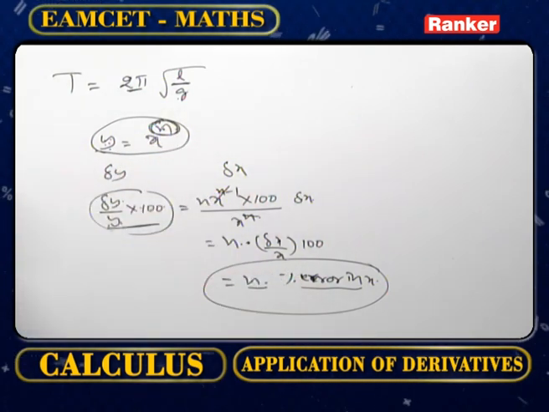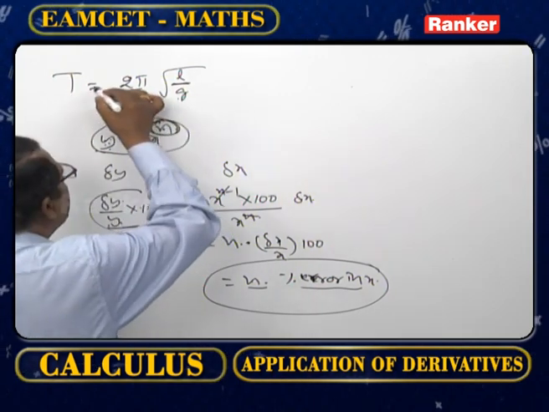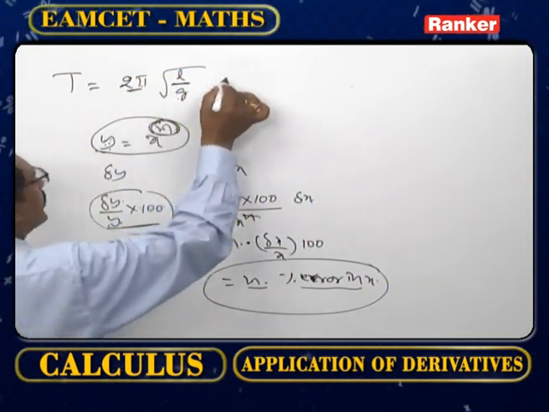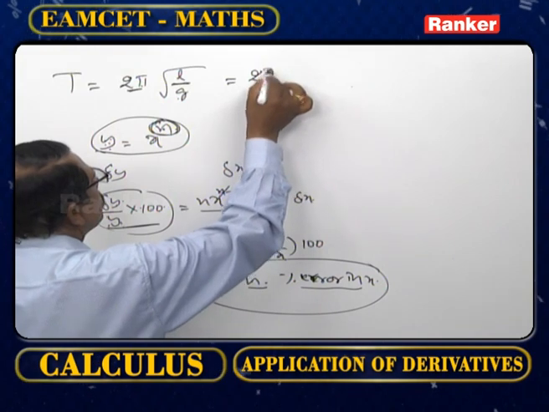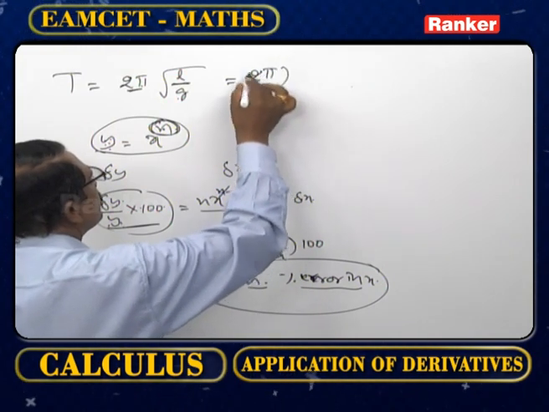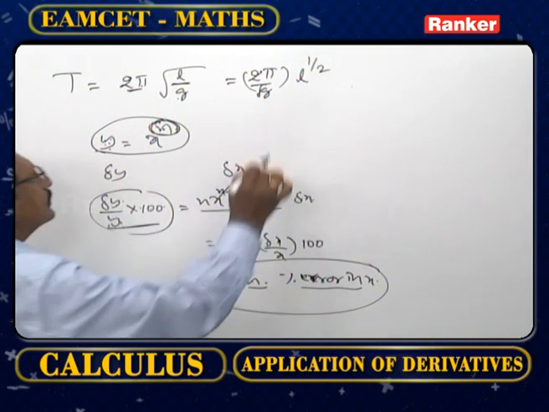Now here T equals 2 pi by root g, which is constant, into L to the power of 1 by 2.